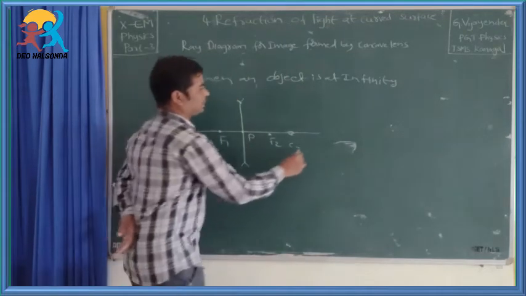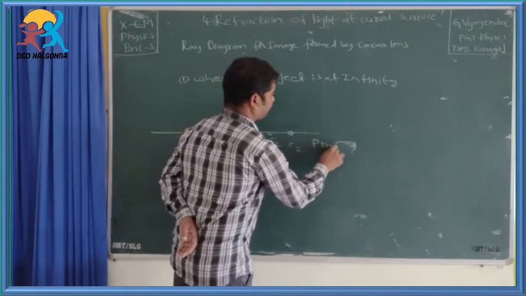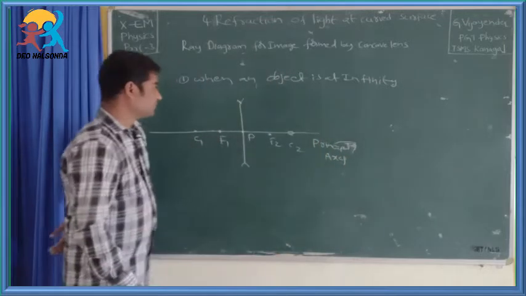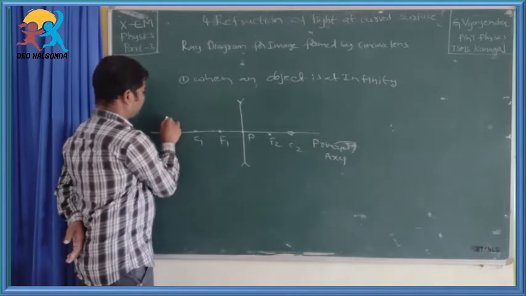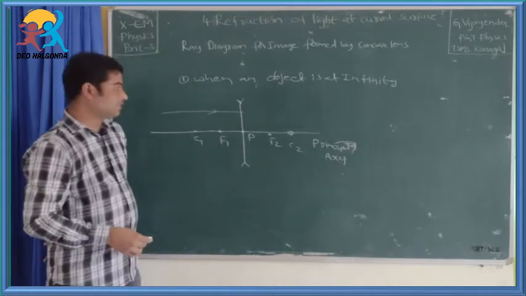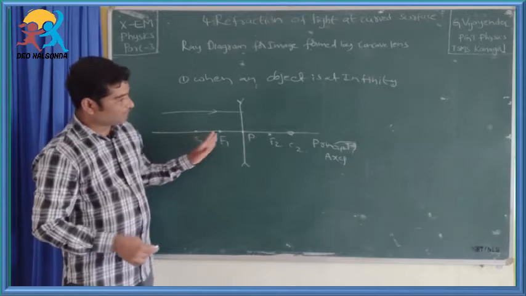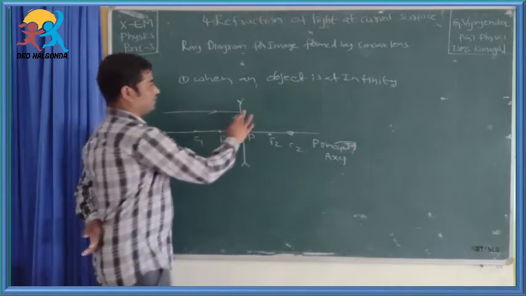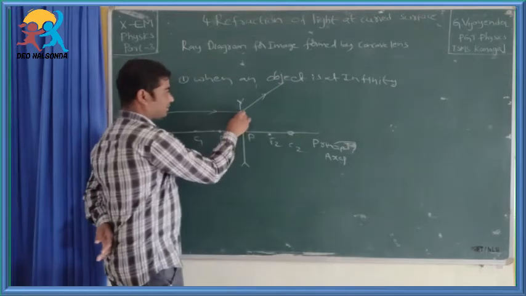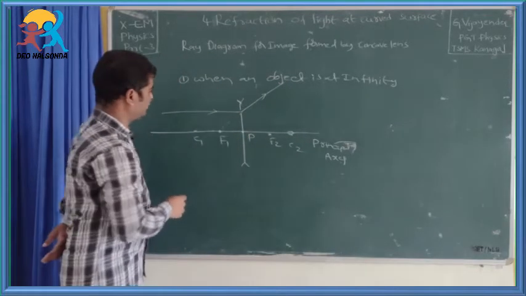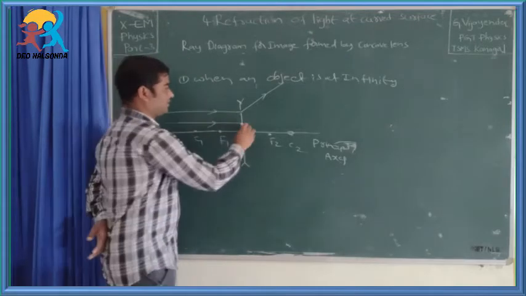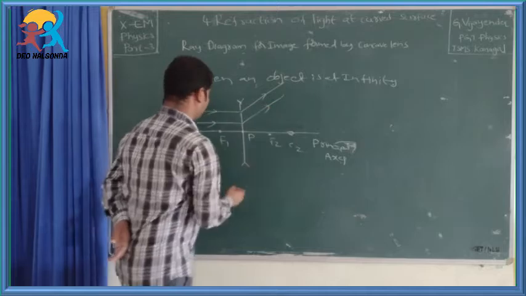This is the principal axis. Here the incident ray is parallel to the principal axis of the concave lens. Then this is the refracted ray.